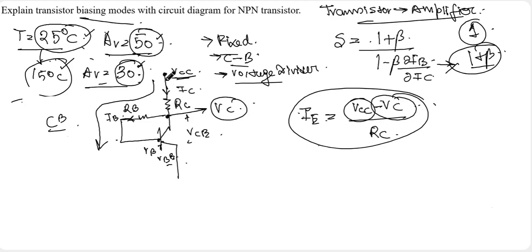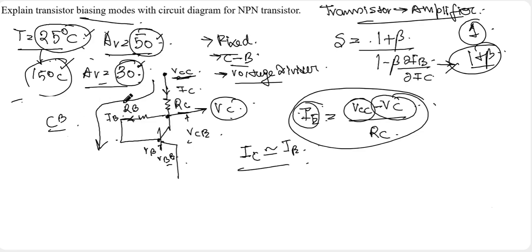So if we want to find the voltage drop between these two terminals, it is VCC minus VC divided by RC. This is the current flowing through the collector terminal. And as the collector current is almost equal to the emitter current, we are using here emitter current is equal to VCC minus VC by RC.